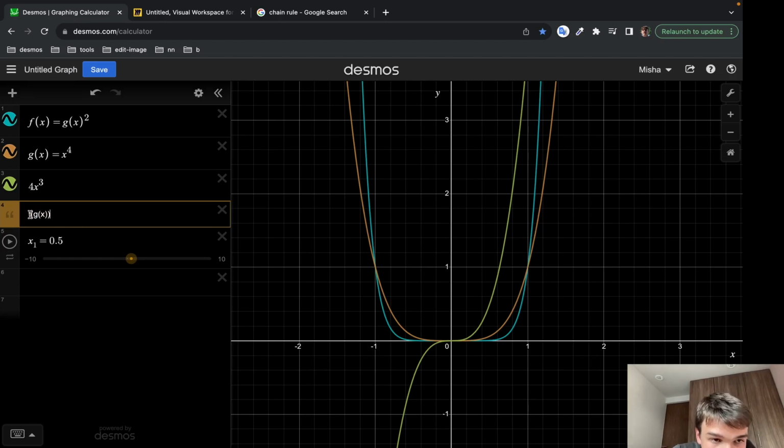Outer derivative takes the function which is inside it, and the function inside gives the output of an x. So it's not going to take the derivative of the inner function, but it's going to take just the inner function itself.